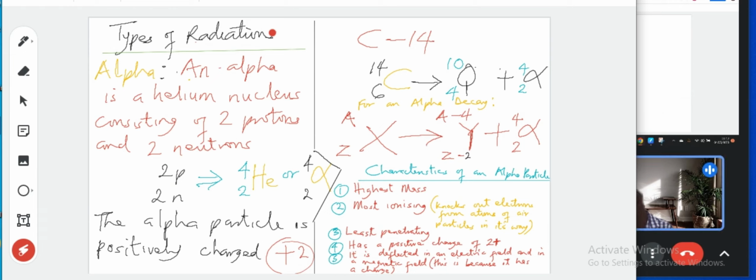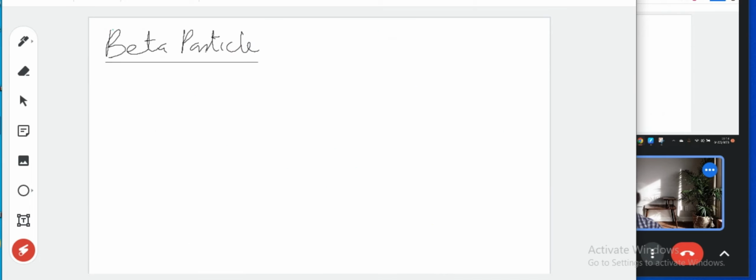I'm reviewing what I said about alpha before I look at beta. So an alpha particle consists of 2 protons and 2 neutrons. Now a beta particle is different.